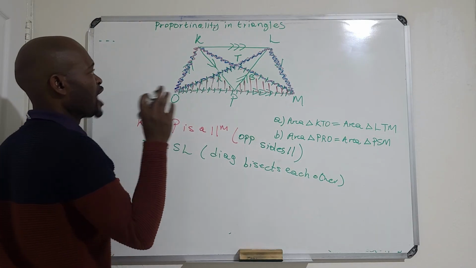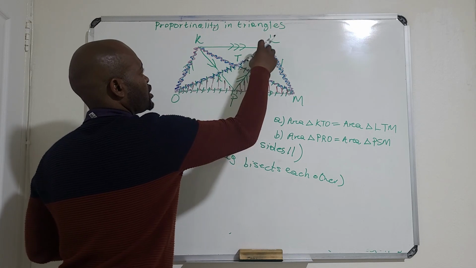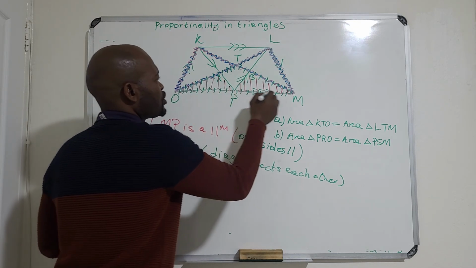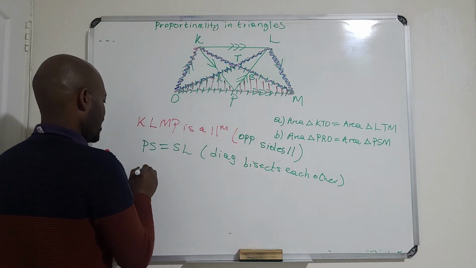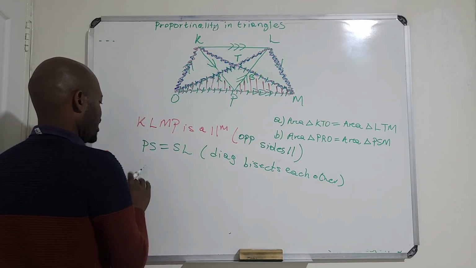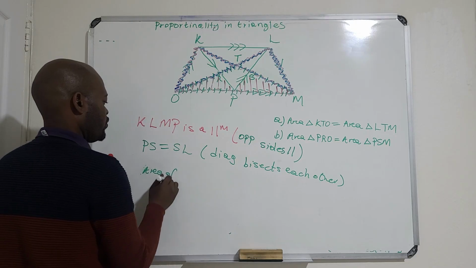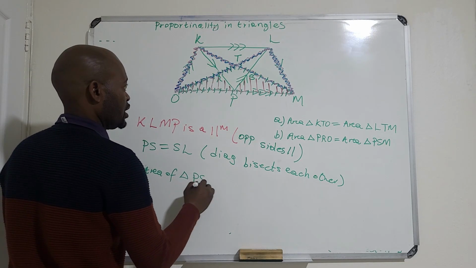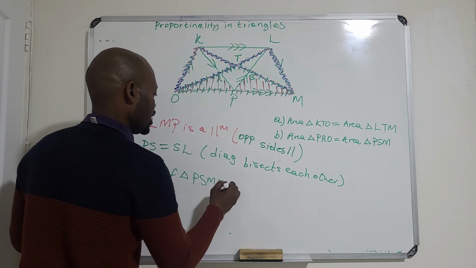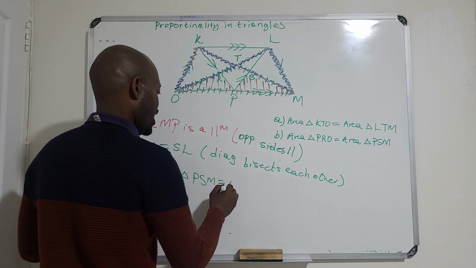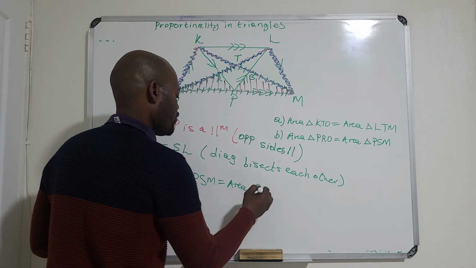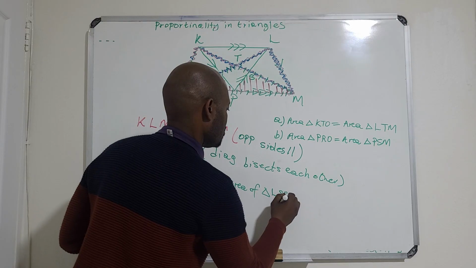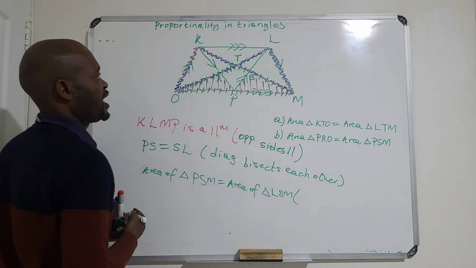Now, since diagonals bisect each other, since this is equal to that, it means that the area of triangle PSM is equal to the area of triangle LSM. Why are we saying that?